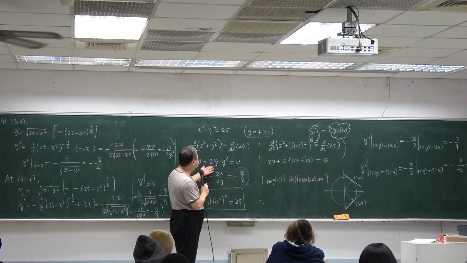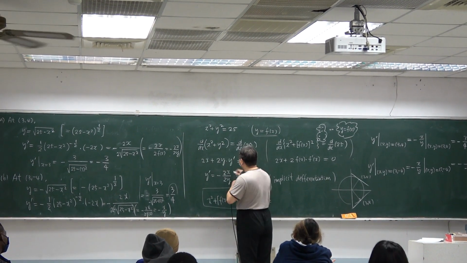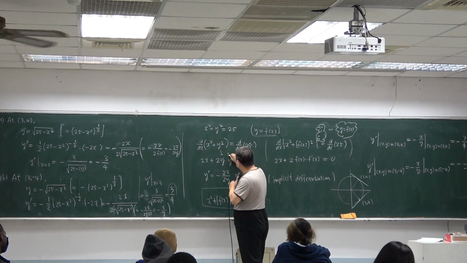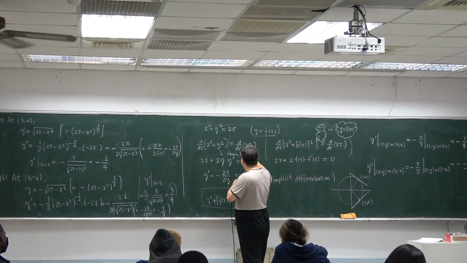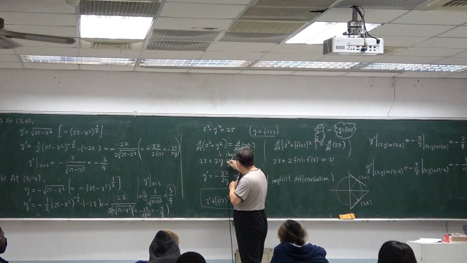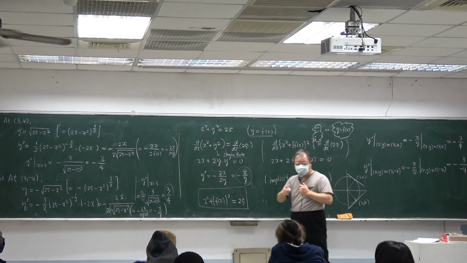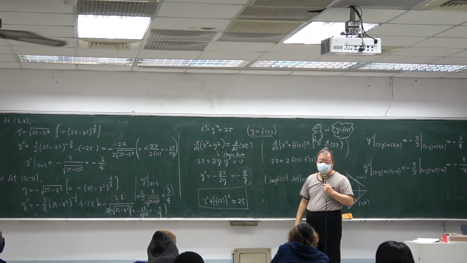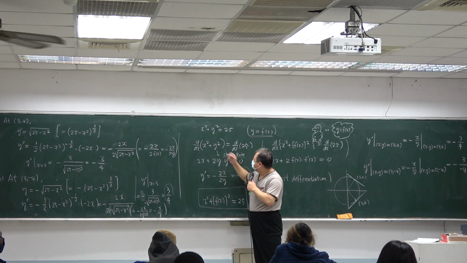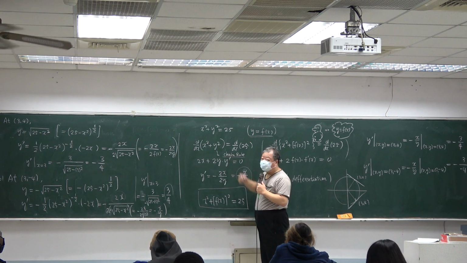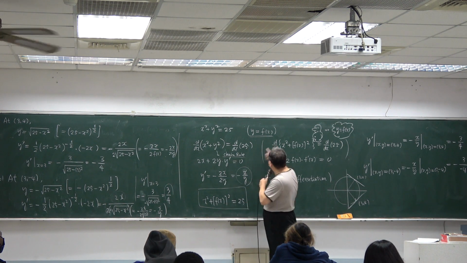Yes, here is the chain rule. From here to here, we use the chain rule, since x is mapped first to y, then squared. So y is a function of x.